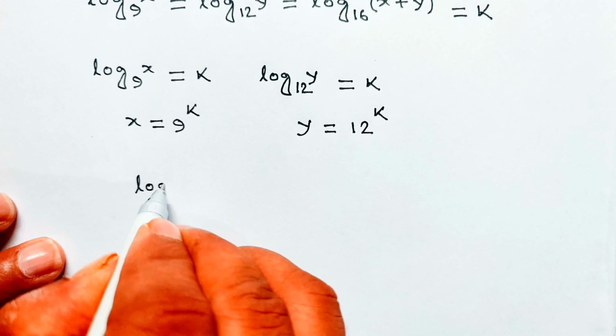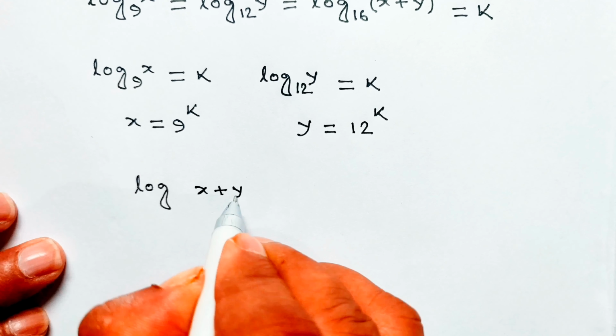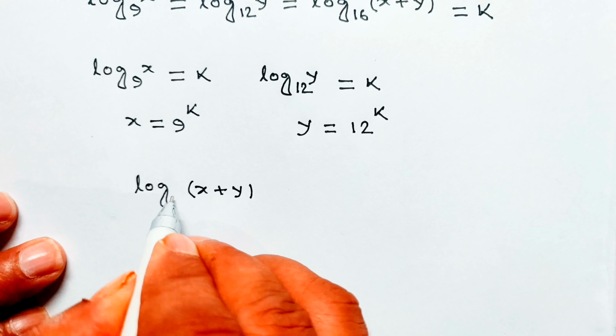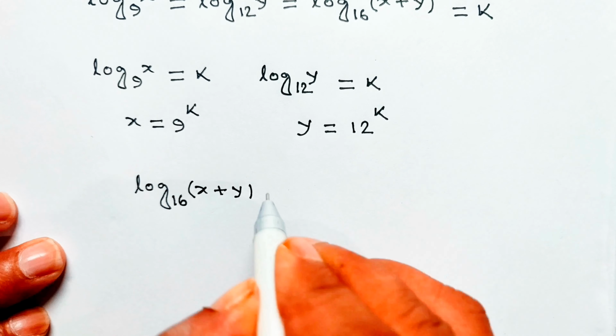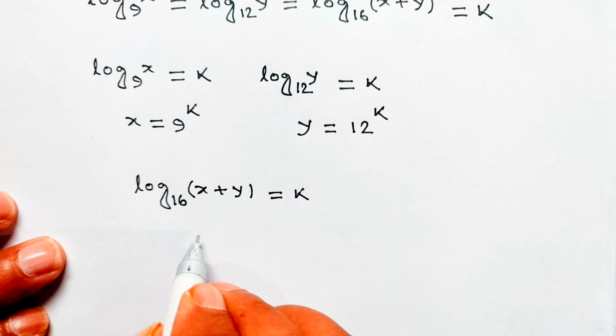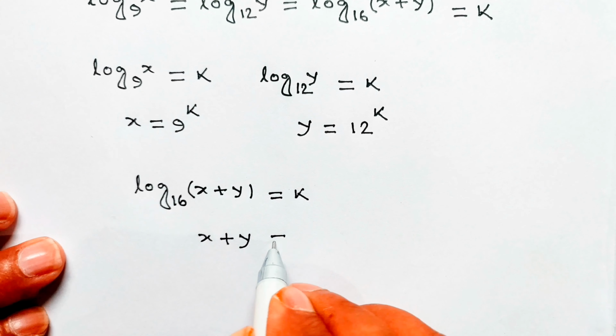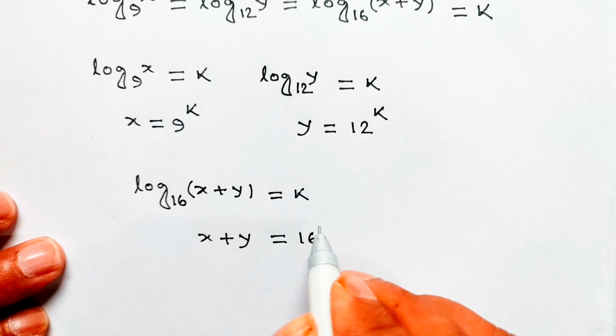Log (x plus y) base 16 equal k, then x plus y equal 16 to the power k.